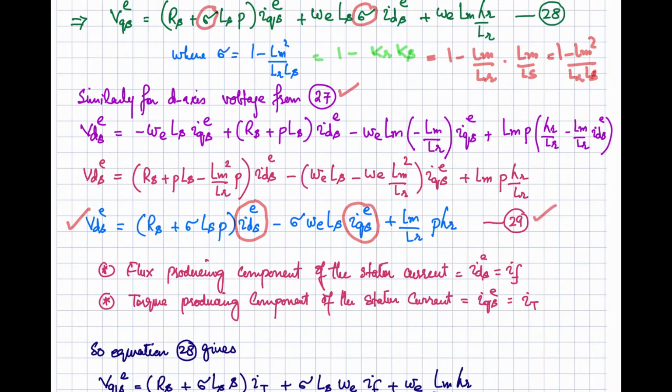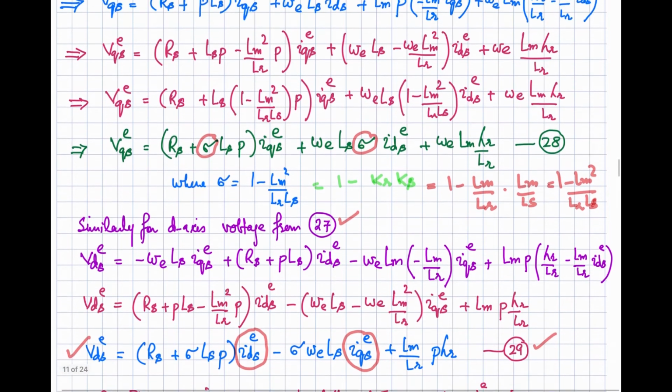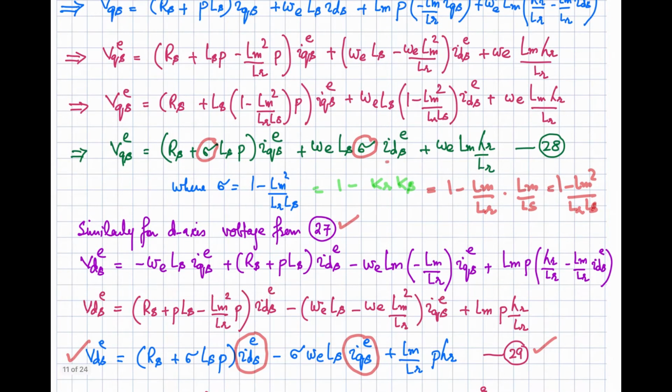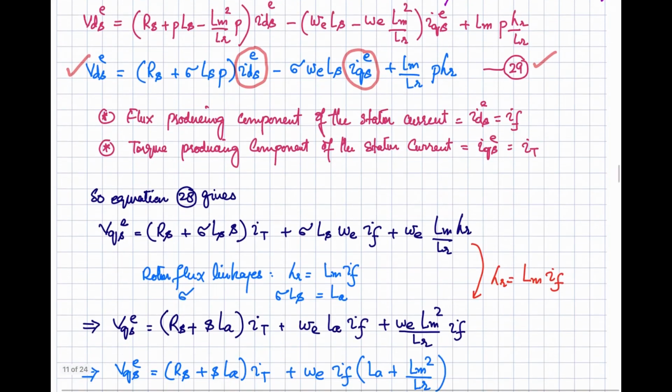So let's say this is equation 29. In these two equations, those we have seen above, you are using IDS and IQS, the d-axis current and the q-axis current. And in the last video, if you remember, we defined that the flux producing component of the stator current is the d-axis component of the stator current in the frame of reference, and that we are going to represent with IF, because it's the flux component, and the torque component is the q-axis component, so we will represent it with IT.